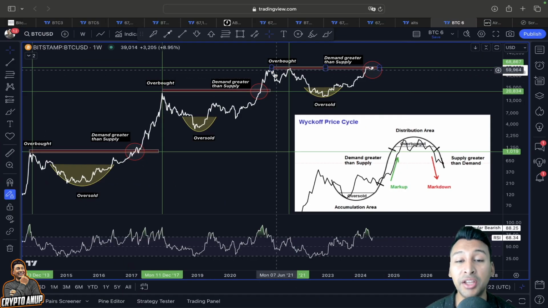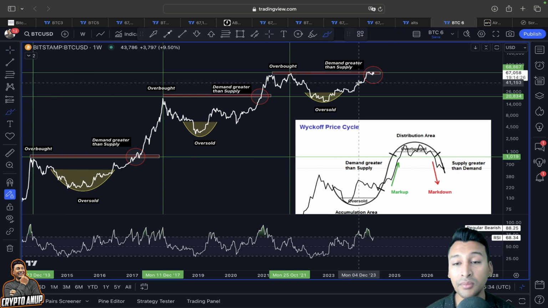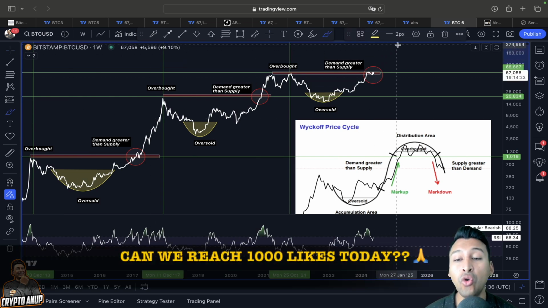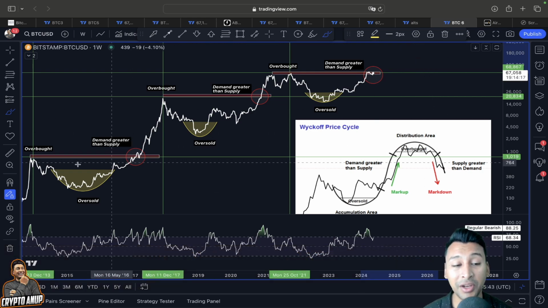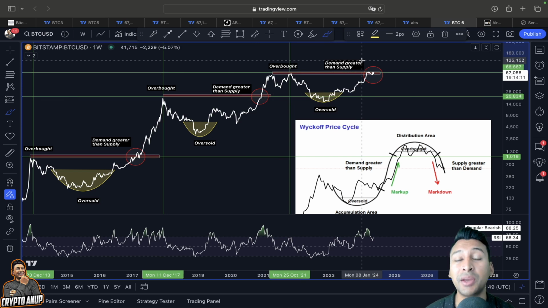Price breaking the previous high and flipping the previous high into support means we could see price heading towards this overbought area or the distribution area, and only after that start with an actual corrective move, because in the past price action breaking out of the previous high has resulted in a very, very bullish move. So this is exactly what we are also expecting for Bitcoin as long as we remain above 60,000.